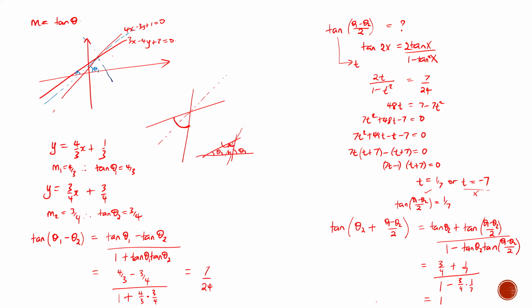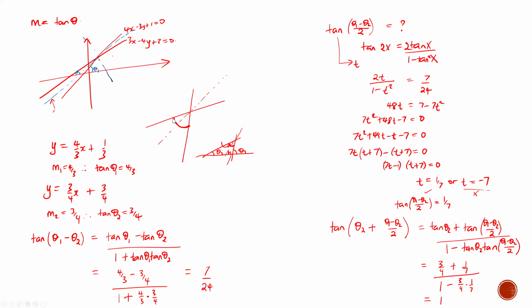So the tan of our angle is actually 1, which tells us the gradient of the angle bisector we're looking at is this one here, because we considered theta 1 minus theta 2 to be the acute angle. So that means that's the angle bisector we're looking at. Its gradient is 1 because the tan of the angle it makes with the positive x-axis is 1.